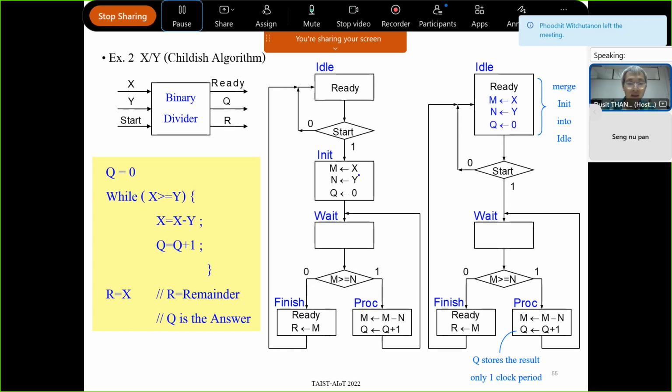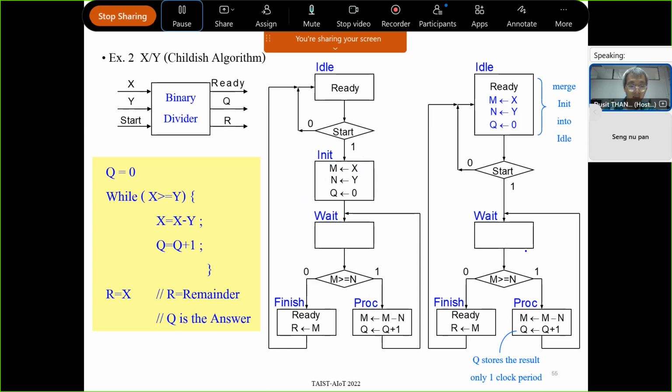So I can move this action to this state. Namely, during wait start, I load data from x, y to variables m, n and 0 to q. So I can remove this state.